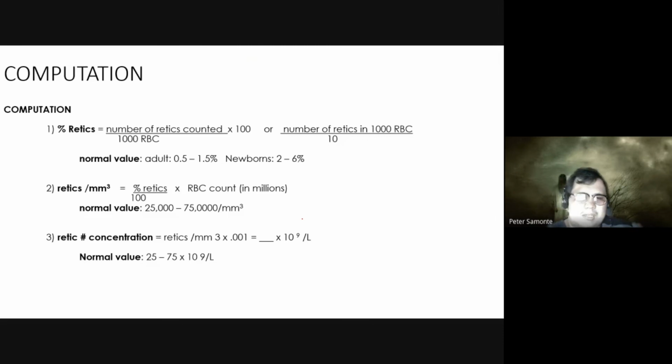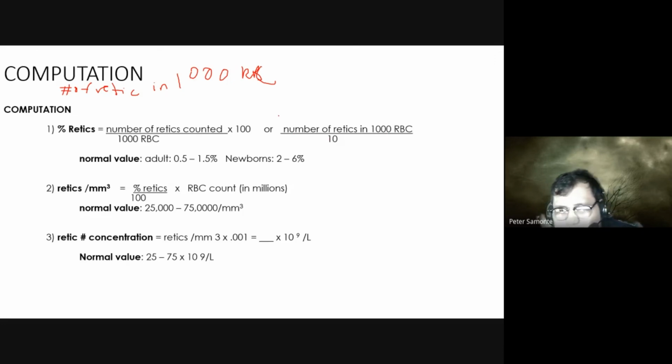So medyo madami to, class, but this is very easy lang naman to. So your percent retics, yan yung dami ng reticulocytes nyo, that would refer to the number of retics in 1,000 RBC. So dalawa ang formula na pwede nyong gamitin. Number of retics counted divided by 1,000 RBC times 100 or number of retics divided by 10.